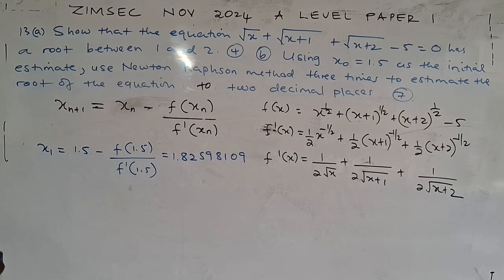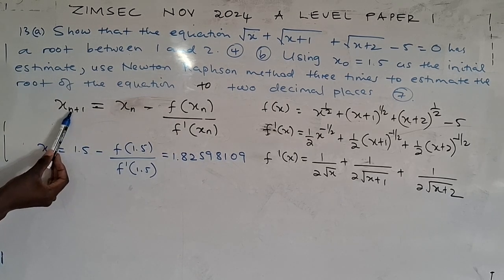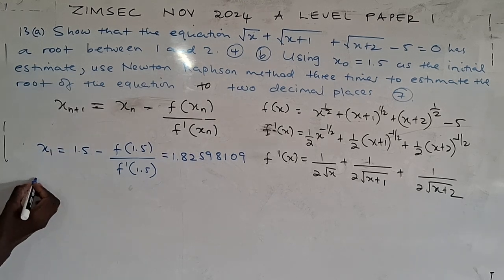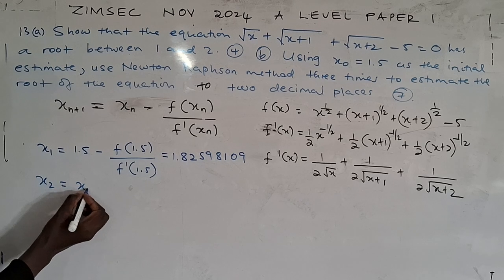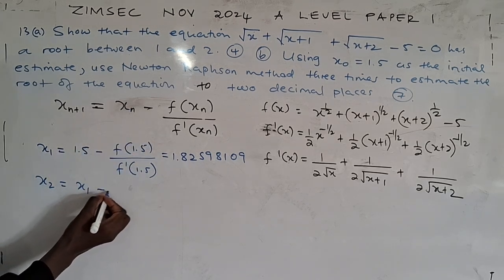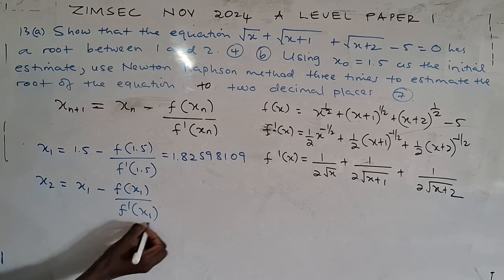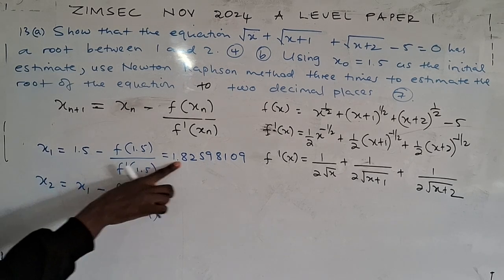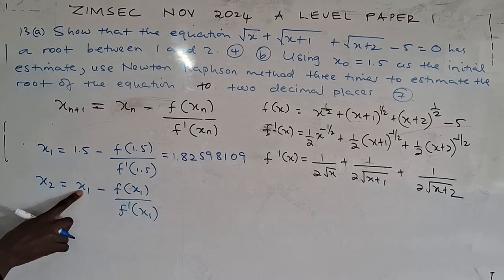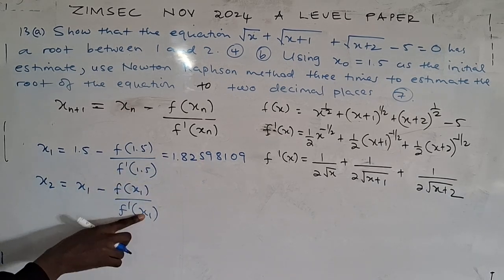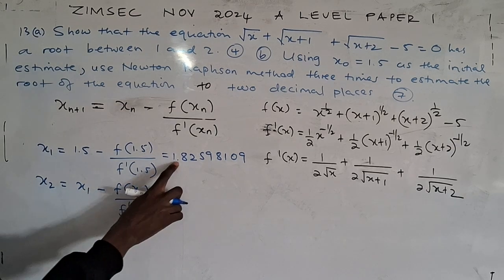See, the next step is this now. Here you have 1, so x of 1 plus 1 is now x of 2, which is equal to x1 minus f of x1 divided by the first derivative of x1. You find the value of x1 in the previous step, so you write this here. If you put this here, it means f of 1.82.